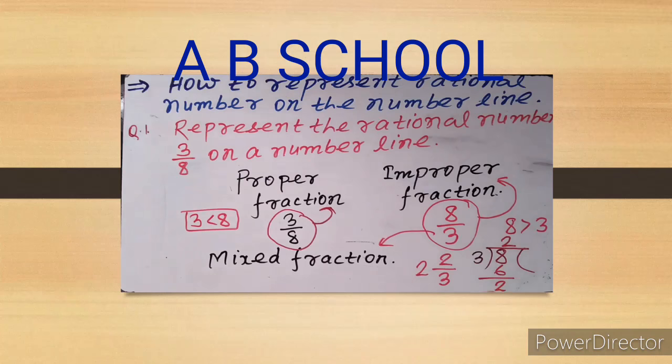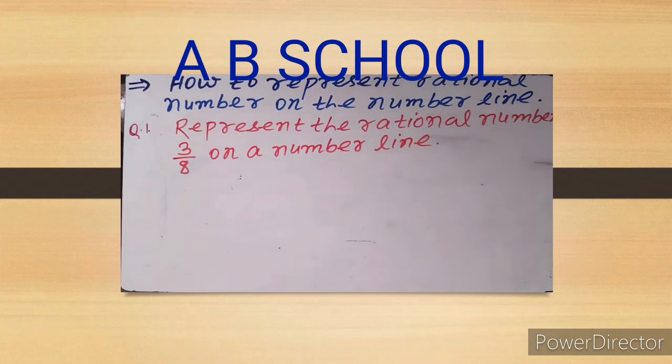And one more thing you will remember, an improper fraction can always be converted into a mixed fraction. How? You can see, you will divide 8 by 3 and you will take the quotient 2, this 2 and this 3 over here. We have seen the proper fraction, improper fraction and mixed fraction.